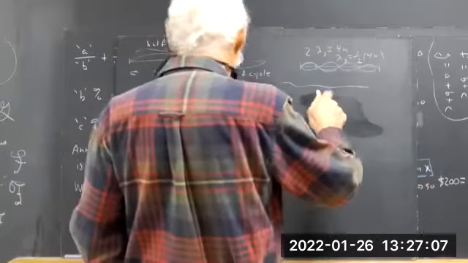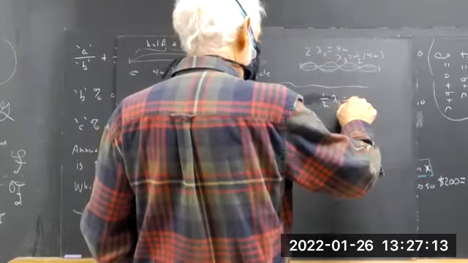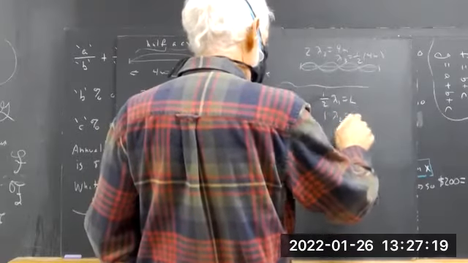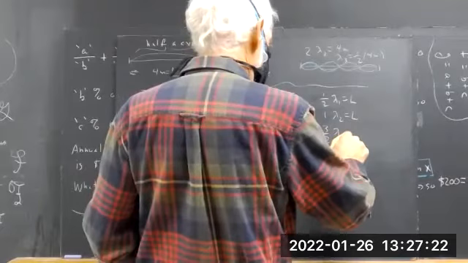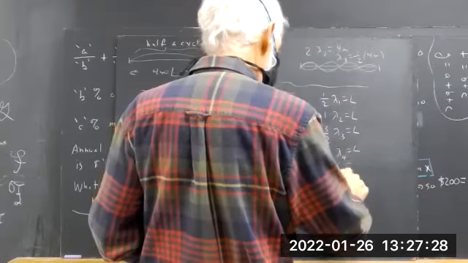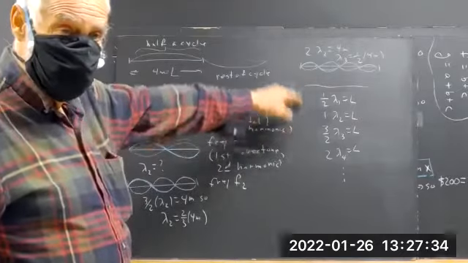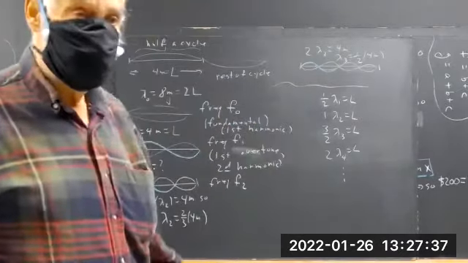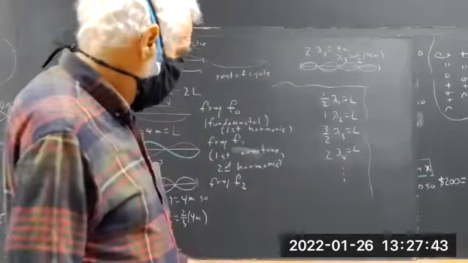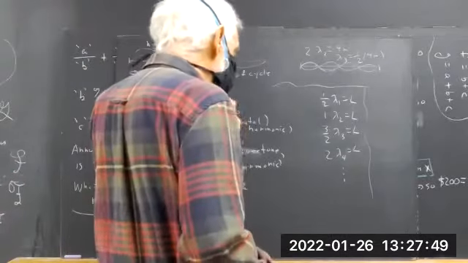Okay, here's how I want to write it. I want to write it clearly so we can see exactly how to figure out the wavelengths, with the equation that we solved to do the wavelengths.